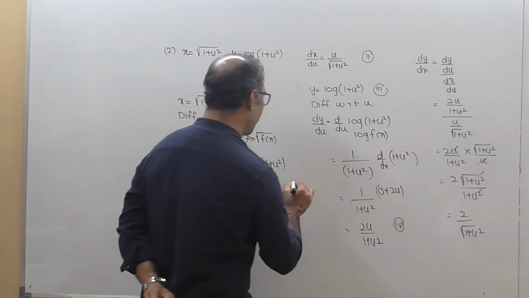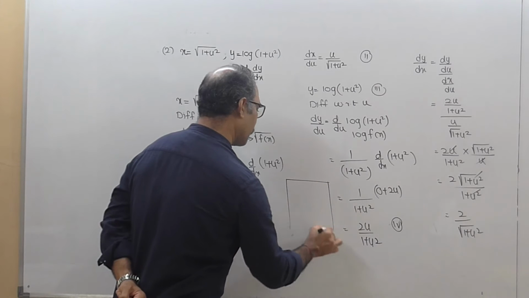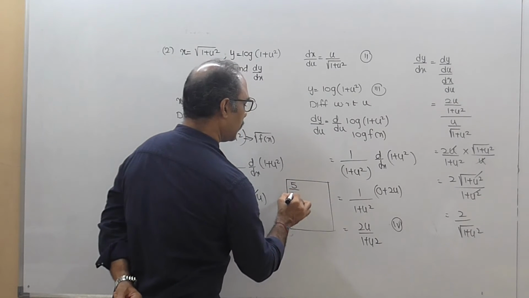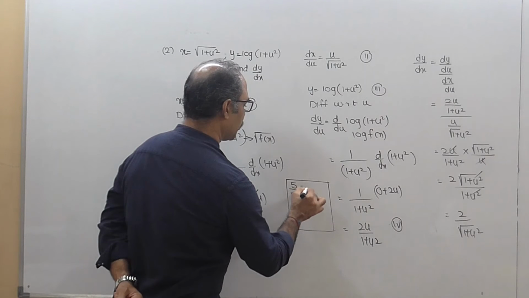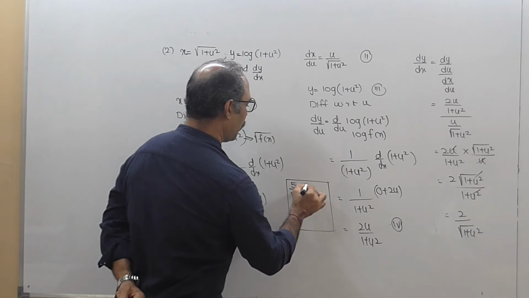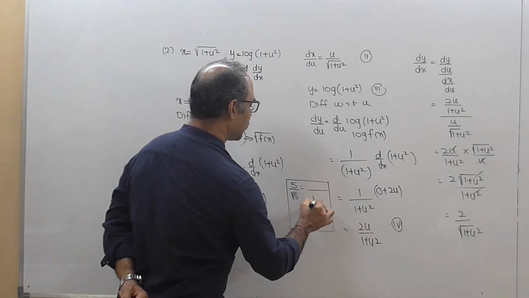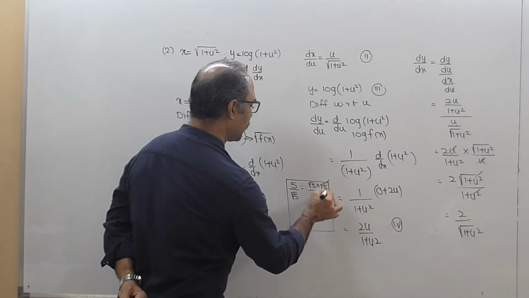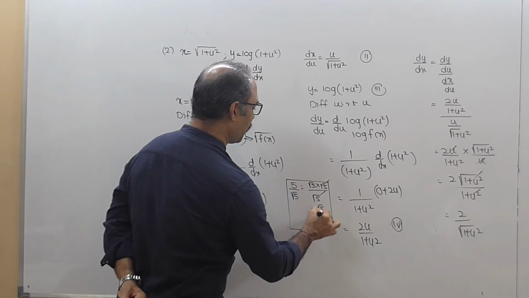I'll just show you an example here. Suppose you have got 5 by root 5. So I think root 5 will remain as it is, but 5 I think you can write it as root 5 into root 5. So I think this gets cancelled. Ultimate answer will be root 5.